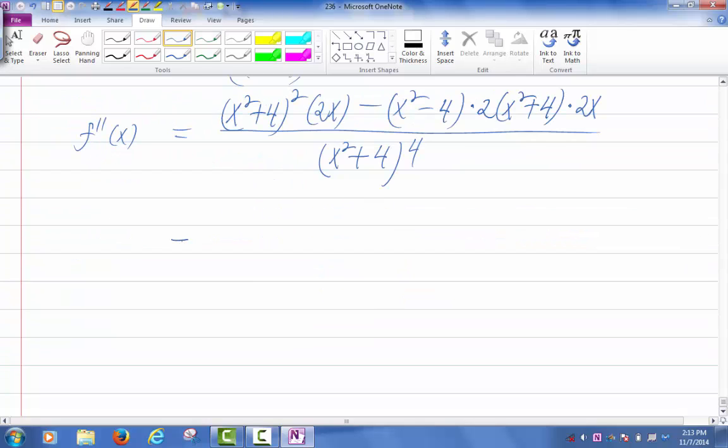How do I simplify this? How would you simplify this? Would you multiply out everything and simplify? Yeah. I have written down yesterday that the numerator of the derivative was 4 minus x squared.